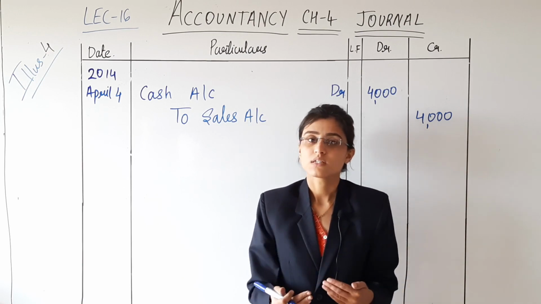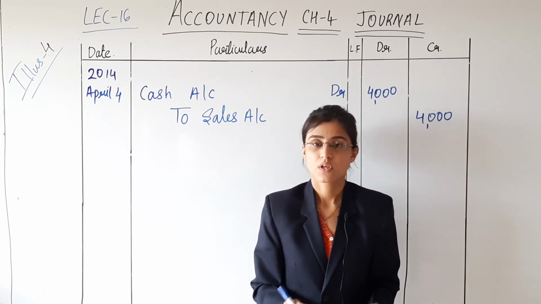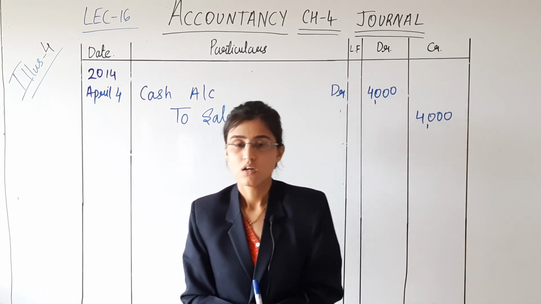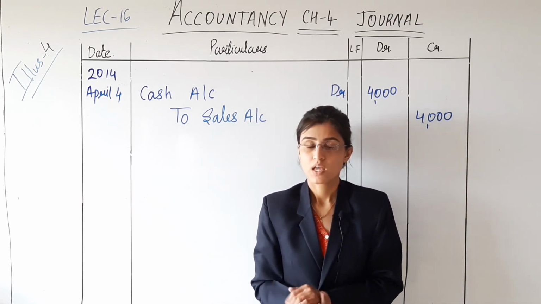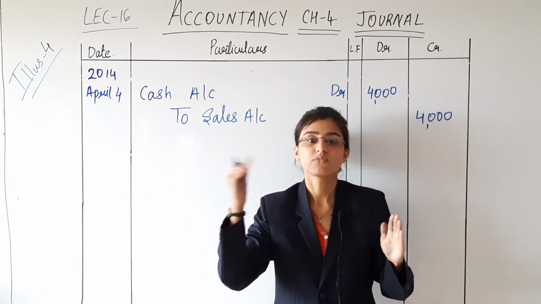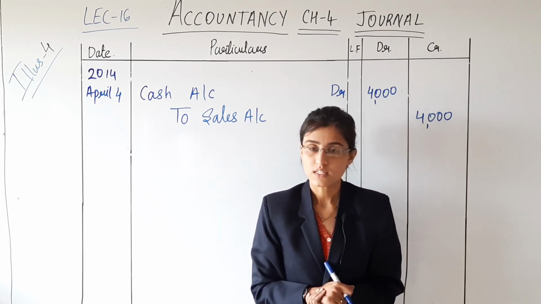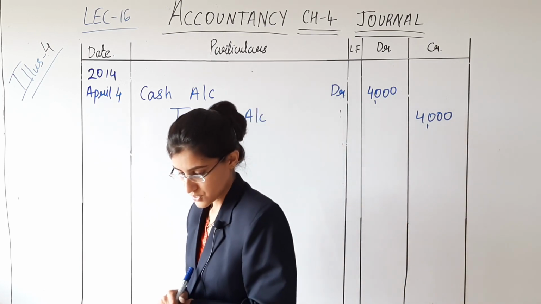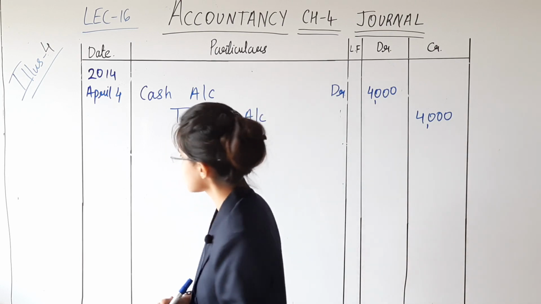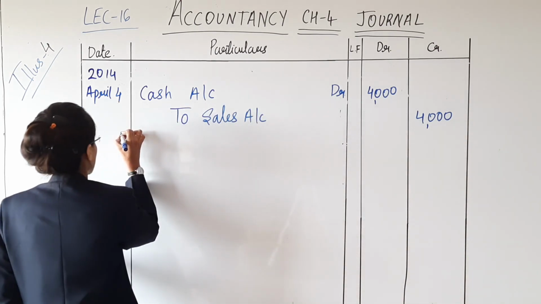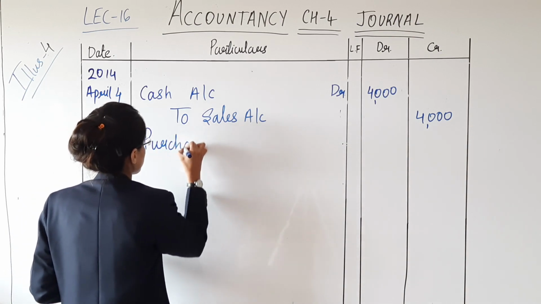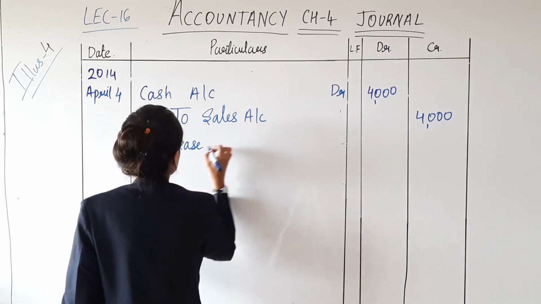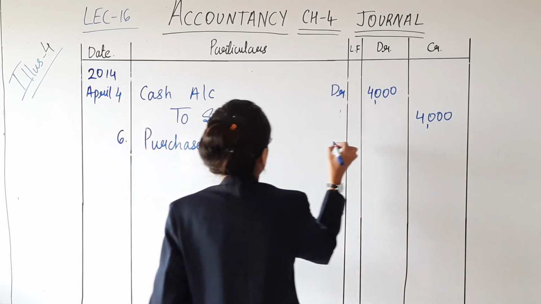So if you want to understand it in a better way, this transaction, the transaction having economic value of 8,000 is half cash, half credit. So let us write down the journal entry. It is on 6th of April. One thing is clear, that the goods have been purchased of rupees 8,000.